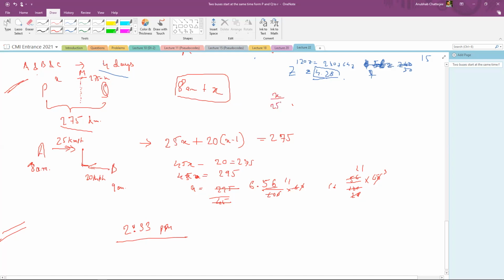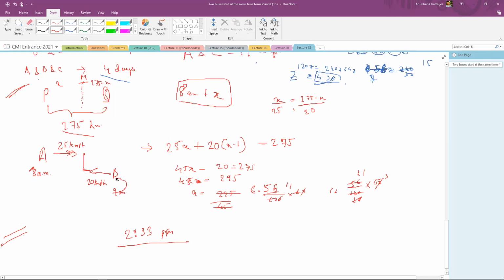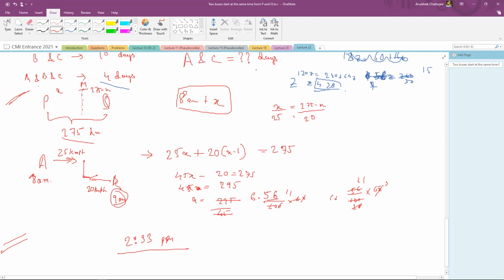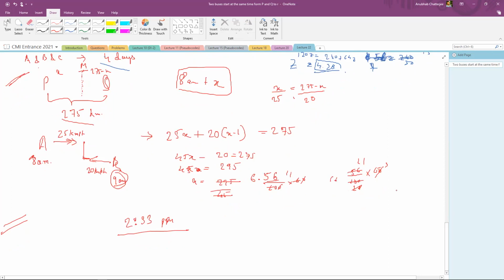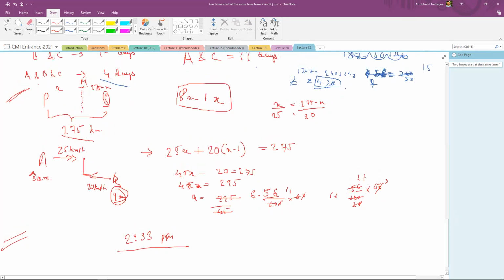Sir, we can make the problem easier if we just subtract 25 kilometers from the total distance. Yes, exactly. Randall, this doesn't work because you have B starting from 9 a.m. So his suggestion makes much more sense.